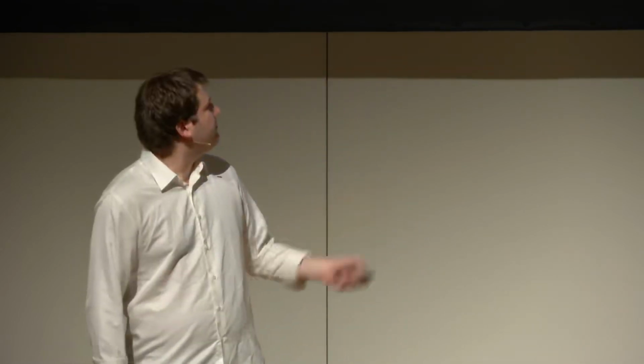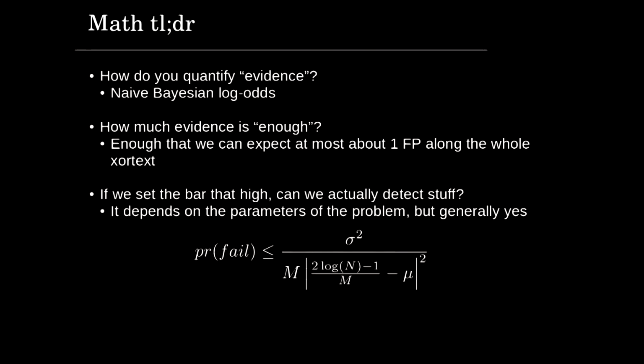This is the formula. I warned you about it earlier. And this is the TLDR of the math involved. Basically, I said, look at the evidence. I'm going to have to mention what I mean by that. Basically, there's a quantifier, a rubric for deciding how much a byte, a piece of evidence, influences our hypothesis and makes us think that the hypothesis is more likely.